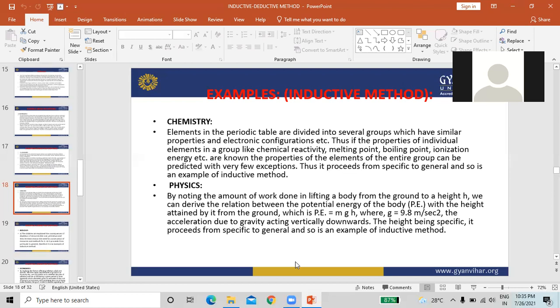The height being specific, it proceeds from specific to general. So it is an example of inductive method.